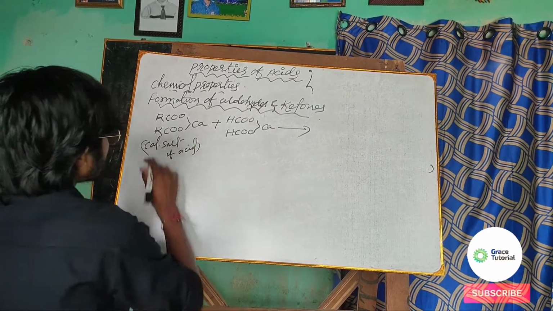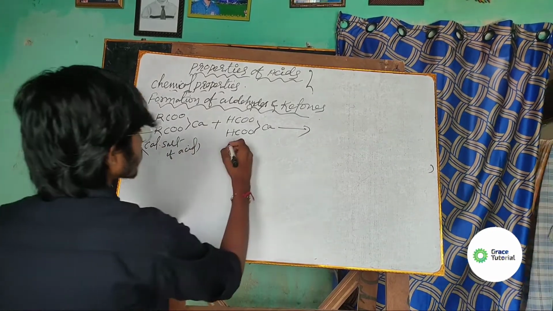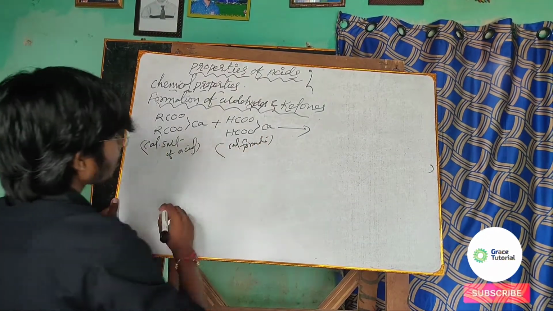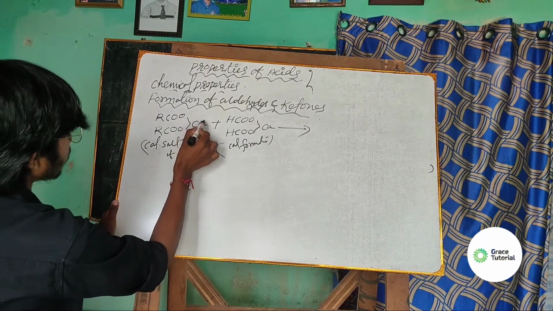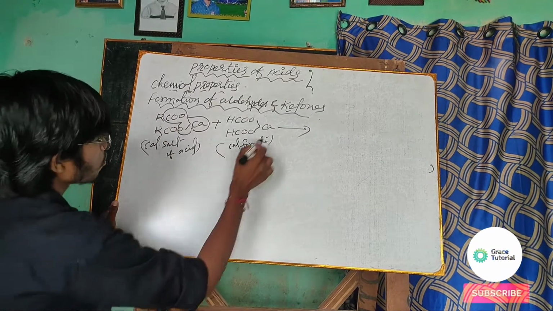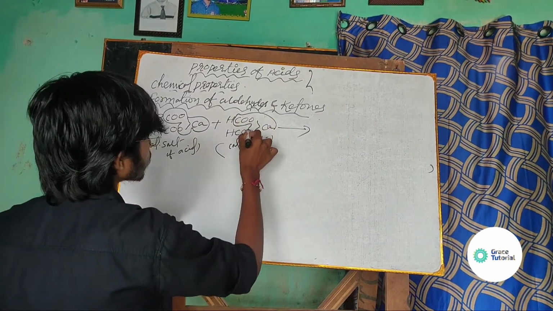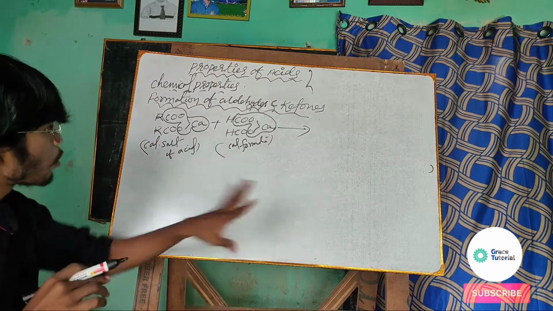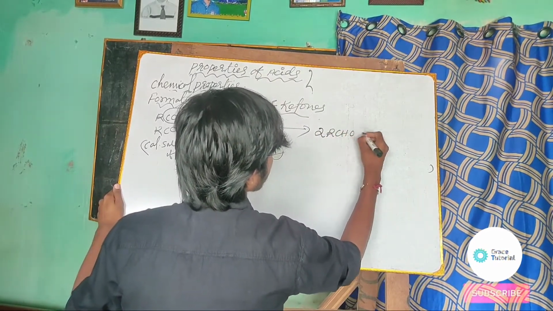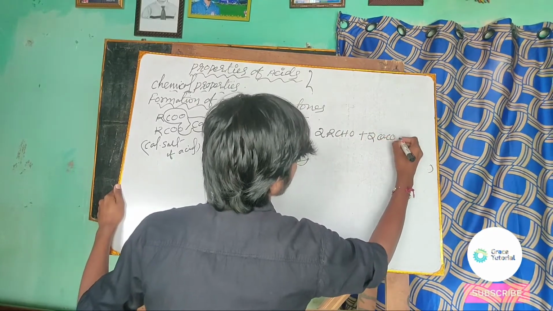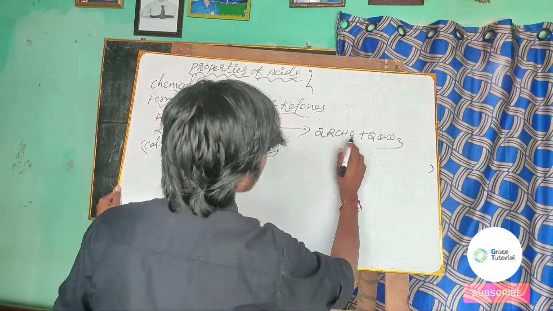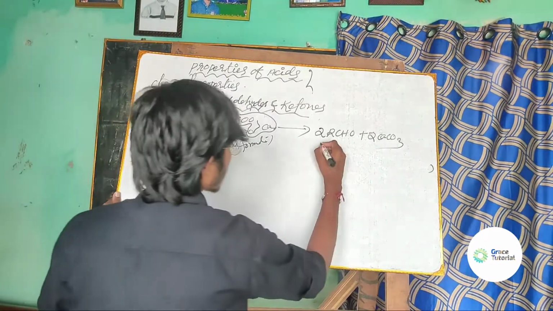When this calcium salt of acid reacts with calcium formate, then what happens? CaCO3 is removed from here. That is, 2 CaCO3 is removed, and finally it gives 2RCHO. So 2RCHO, that means aldehyde results.